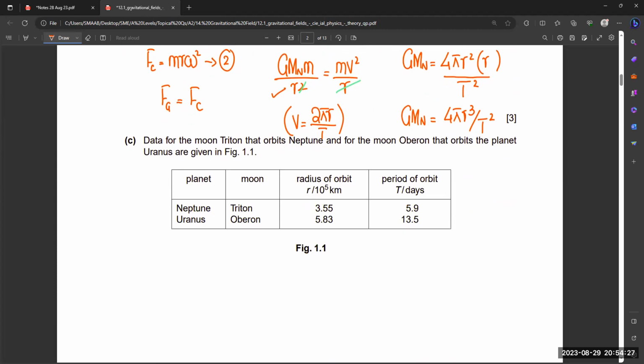Now the next part: there is data for the moon Triton that orbits Neptune, and for the moon Oberon that orbits the planet Uranus. So basically there is a concept of two different moons for the two planets. Now their values are given. Let's see what they are asking about, because they will ask about some calculation. That's why they give you the values over there.